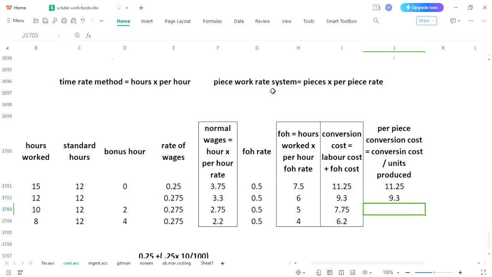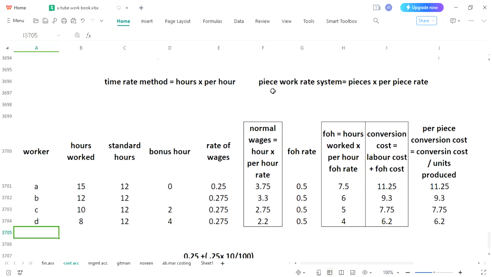So same cost. Conversion cost is 7.75, number of units produced 1, same amount. Conversion cost 6.2, number of units produced 1. So we have got the same per unit cost or per piece cost produced. So in this way we have completed our question.